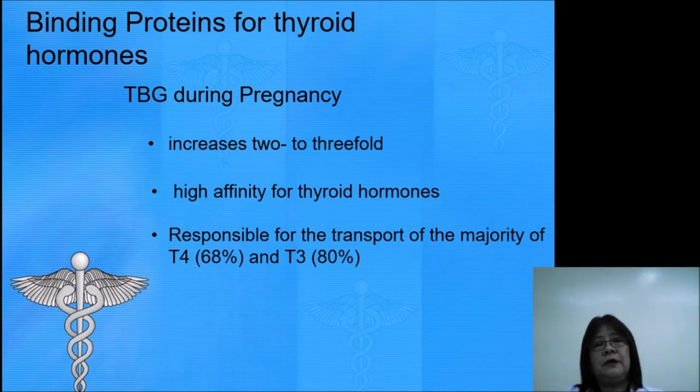The third factor affecting the thyroid tissues will be your thyroid binding globulin. This increases 2 to 3-fold. Again, to emphasize that this is produced by the liver, and it has a high affinity to thyroid hormones and is responsible for the majority of transport of your T4, amounting to 68%, and T3, which will account for 80%.